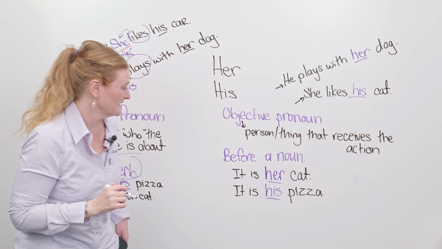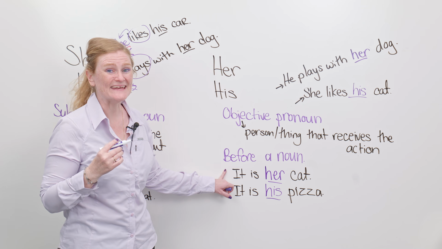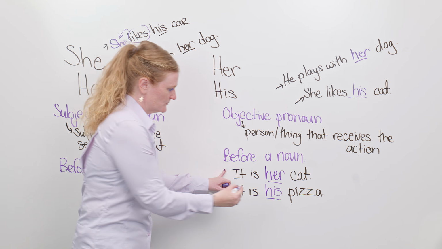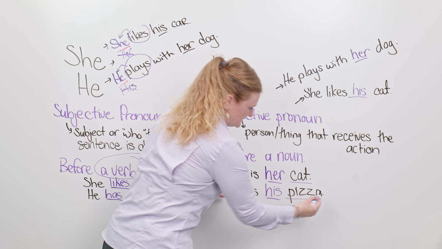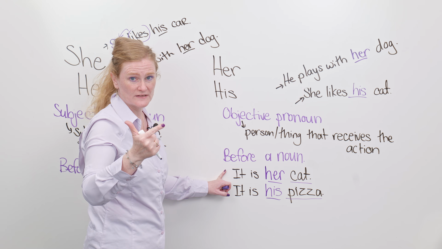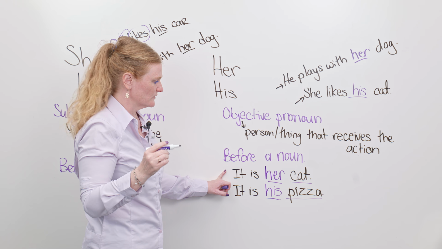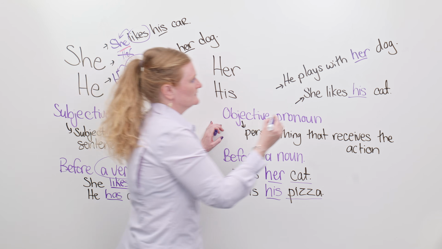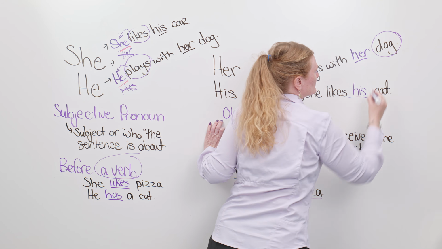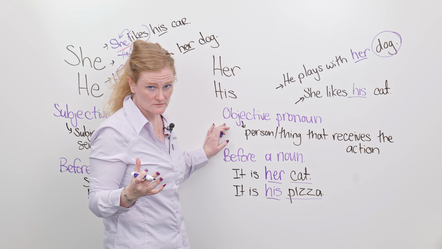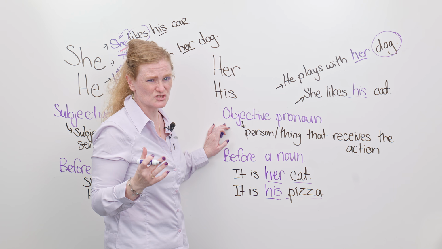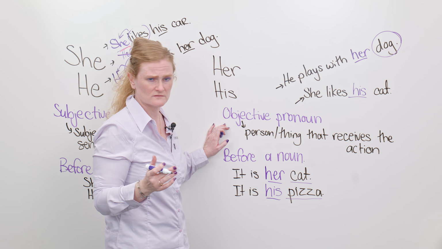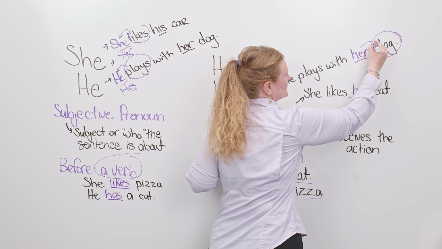If it's a noun, for example, a cat or a pizza, person, place, or thing, we're going to use the objective pronoun. Because a dog is a noun, we can't use "she dog." We have to use her.